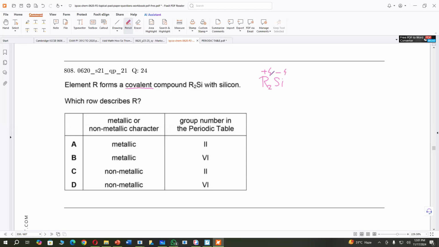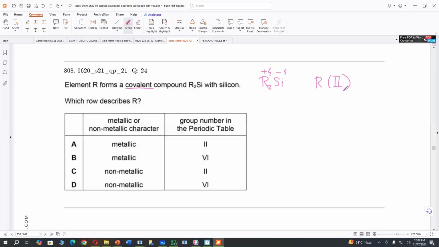But it says group 4, R2Si is formed. It shouldn't be R is 1, Si is 2. No, that is for ionic compounds. This is not an ionic compound, it's a covalent compound. Remember, we were doing ionic equations just a few minutes at the start of the class.